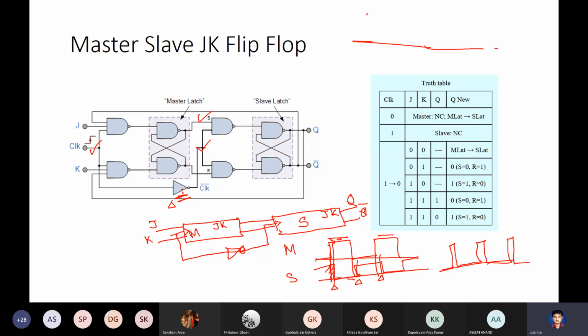One is the clock staying at 0, so this is clock equal to 0. One is the clock staying at 1. And this is the clock going 1 to 0, an event. Sorry, this is clock 1, this is clock 0, and this is clock 1 to 0. This is also an event, 0 to 1.